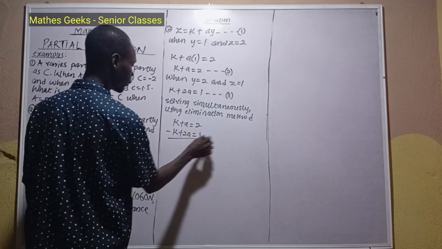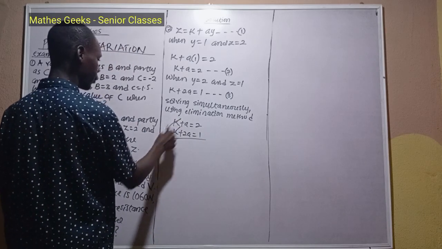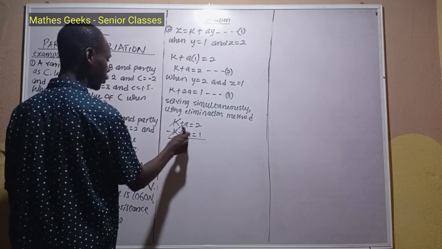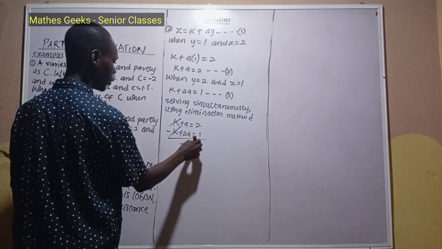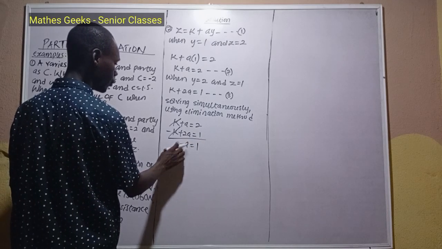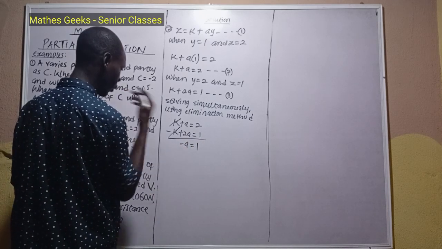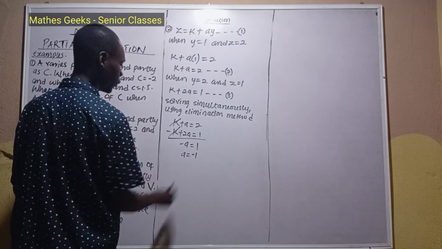So subtract. k cancels out, e minus 2e is minus e, and 2 minus 1 is 1. So multiply both sides by minus 1, so e will give us minus 1.